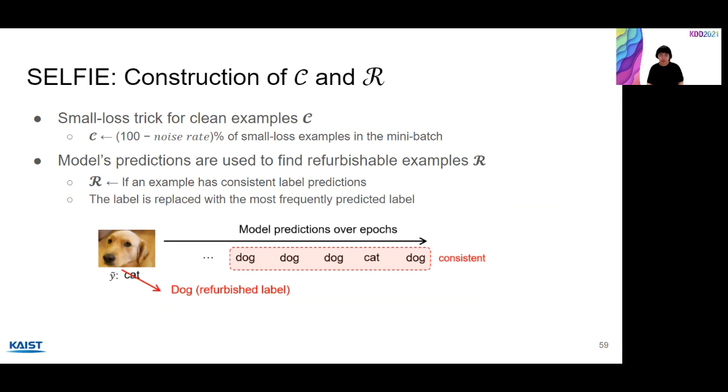For example, given a dog image labeled as a cat, it maintains a sliding window of size Q over the recent epochs. If the predictions are consistent and different from the annotated label, the example is regarded as refurbishable, because the model is highly certain of another label for the given image. So the original label cat is replaced with the most frequently predicted other label, the dog in this example.